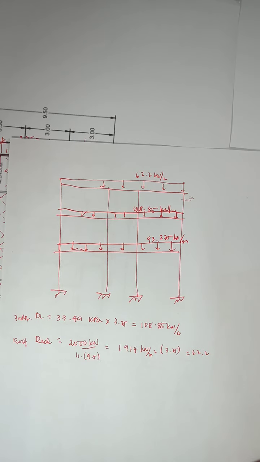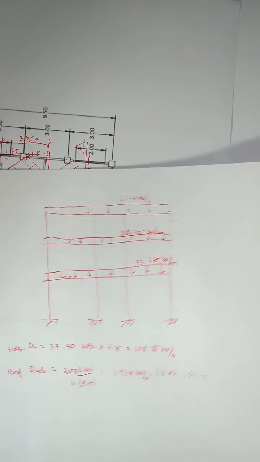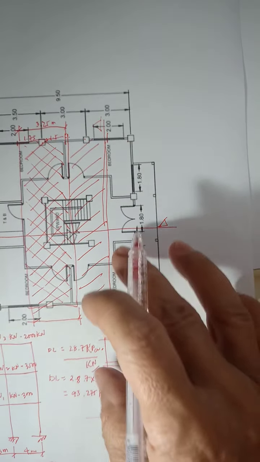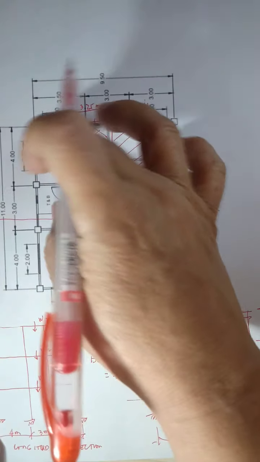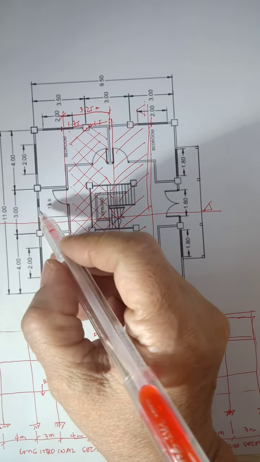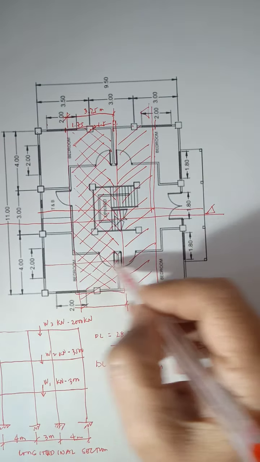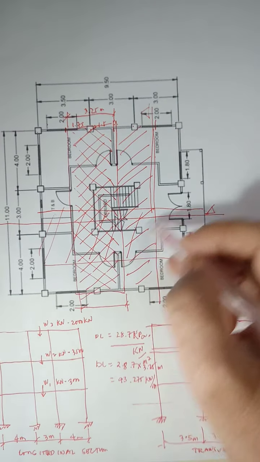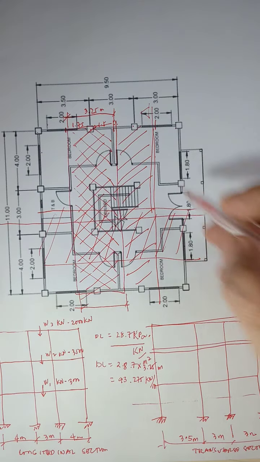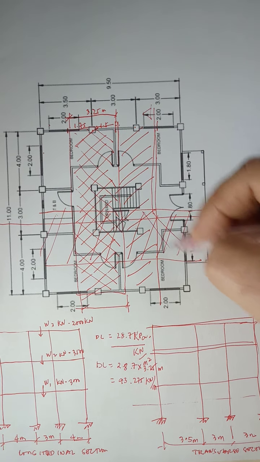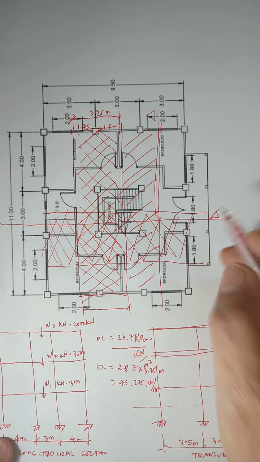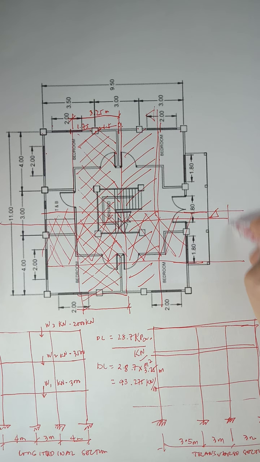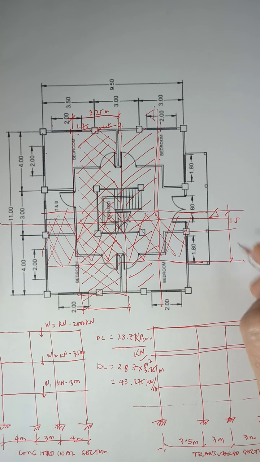Okay, for the other section, the transverse section, which tributary area is bigger? It looks symmetrical, so it does not matter which side. This is your tributary area, shown by the shading. Your dimension is half of 3, which is 1.5, and this one is half of 4, which is 2.